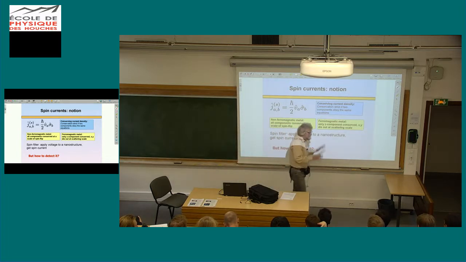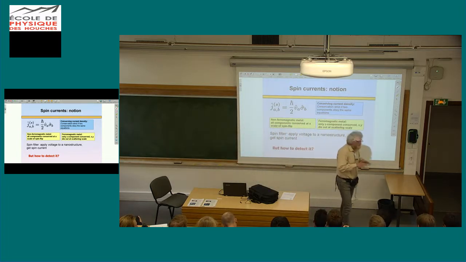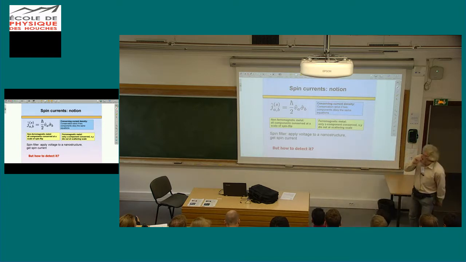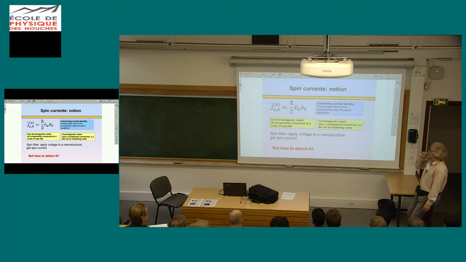So spin currents can serve if we forget about spin orbit interaction. Right? Can we forget about spin orbit interaction? Looks like we cannot. However, let us recognize that usually it's weak.